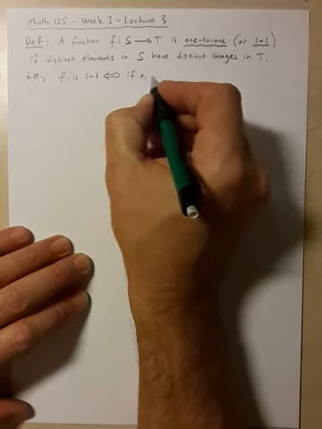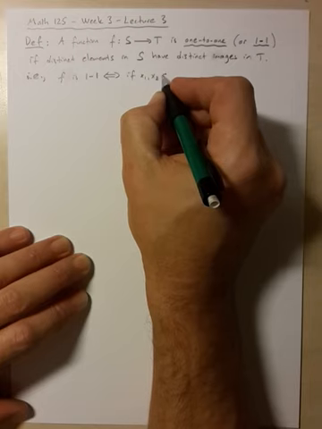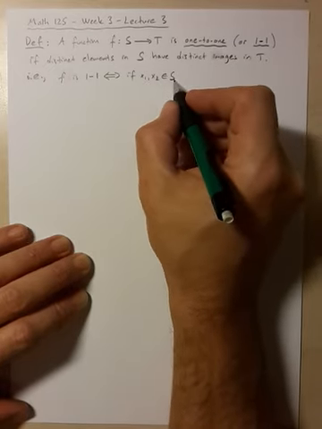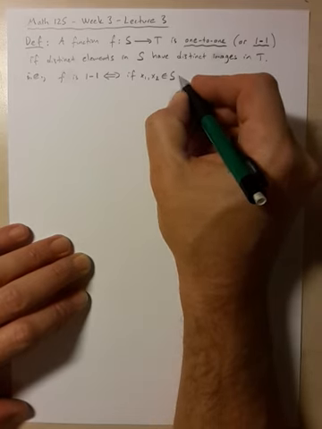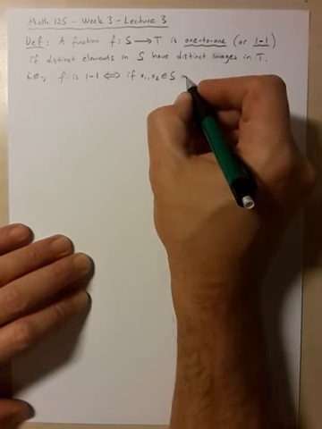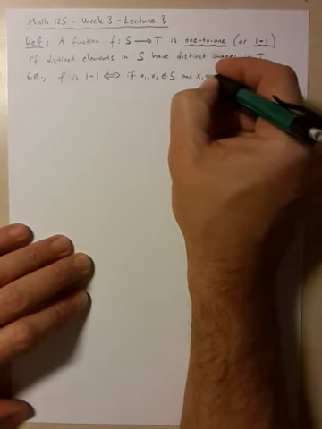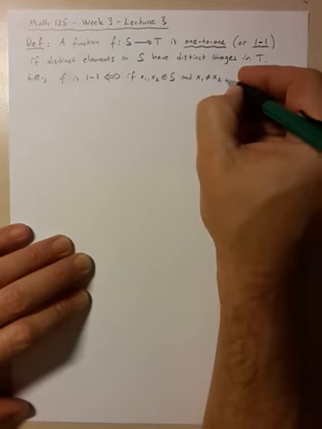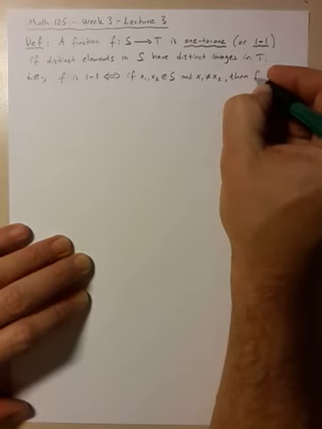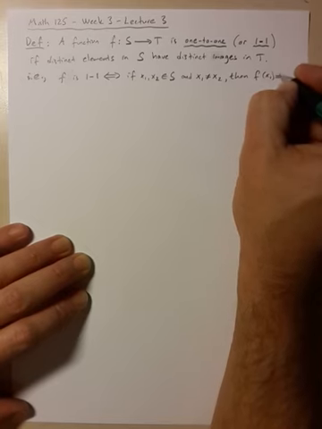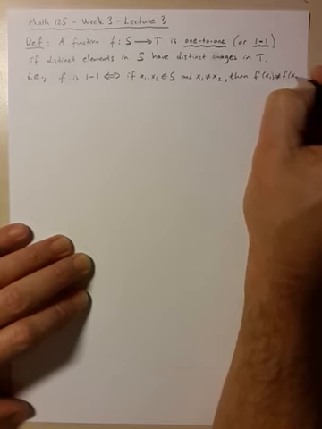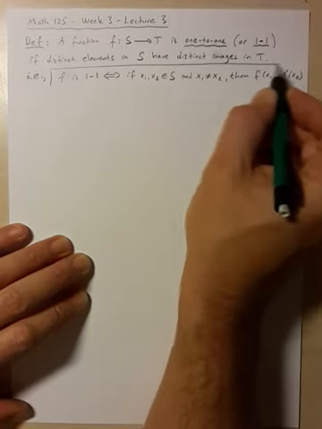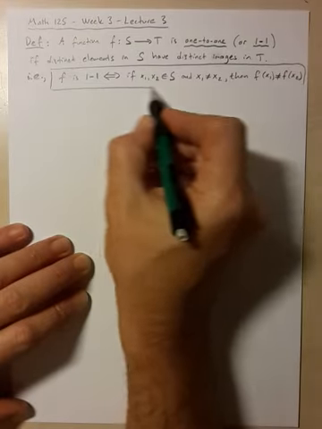Whenever we take two distinct elements x1, x2 in S, so x1 is different than x2, then their images must also be different. This is the definition of a one-to-one function.